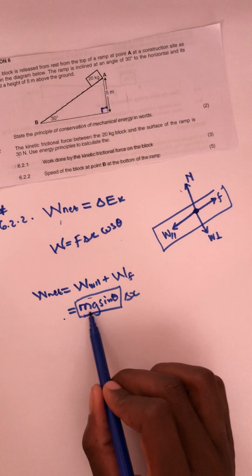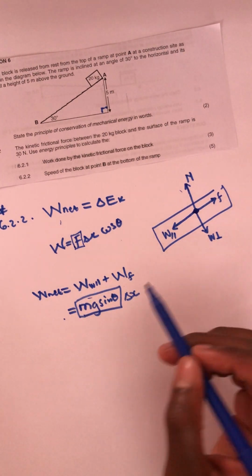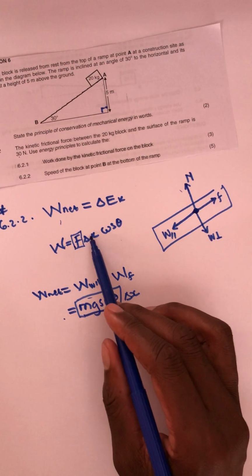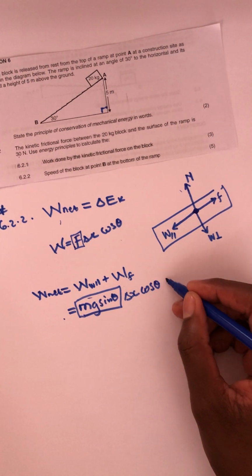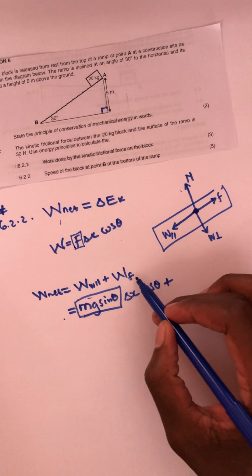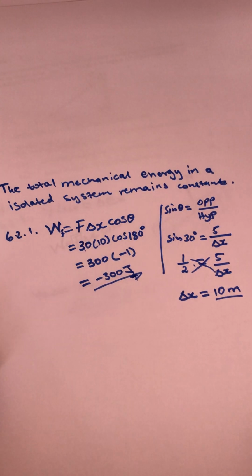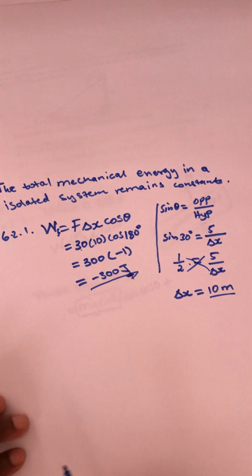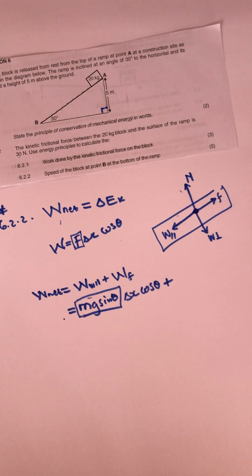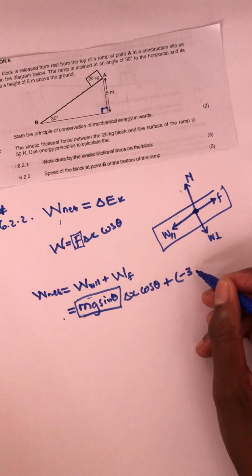So the mg sine theta is this force. Now the change in x, then cos theta, plus the work done by frictional force. We already have the answer. We calculated the work done by the frictional force as negative 300 joules. So we're just going to say it's negative 300, just like that.